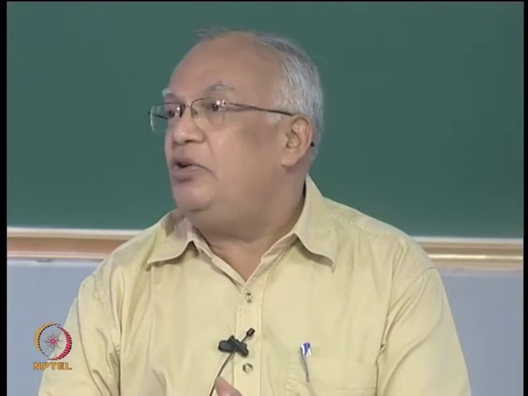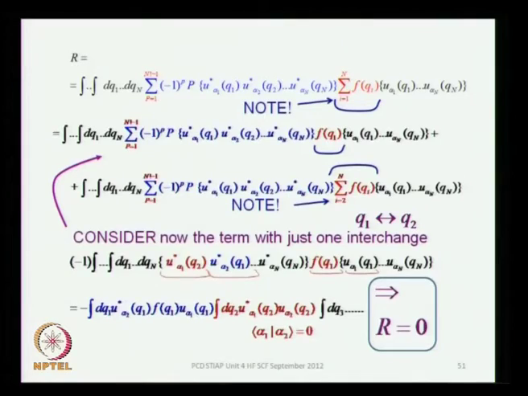And if you look at the remaining terms, the whole remainder vanishes for exactly this reason, and the reason is very simple. The whole remainder vanishes because you will have exactly this kind of thing happening from the remaining terms over here. You will be able to factor out one term and then find it being multiplied by an orthogonality integral, which you know at the outset will be 0.